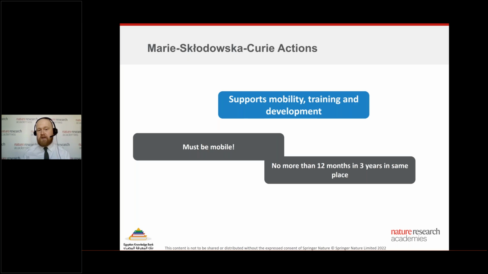What does this mean? Well, you must have had no more than 12 months in the last 3 years in the same place. So you need to be sure that you're a researcher who's willing to be mobile, to work at many different research institutions in different countries.